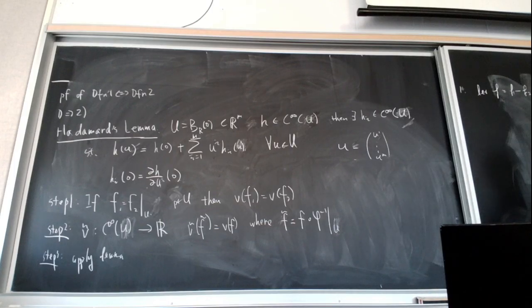And then we want to choose a C infinity bump function. Let's call it Chi.